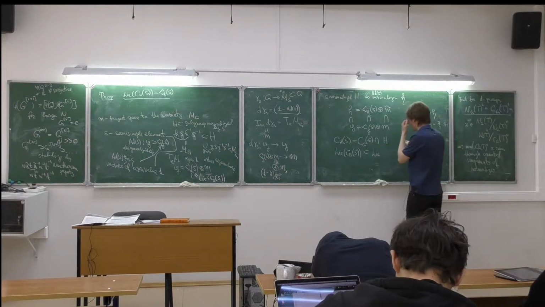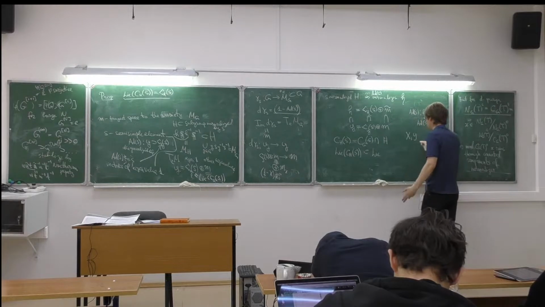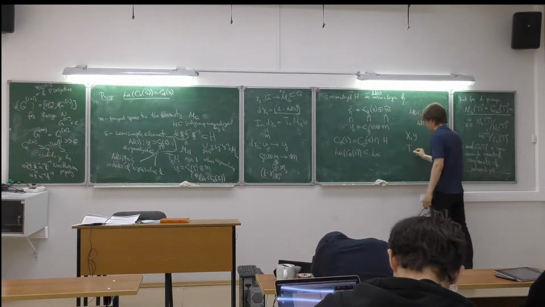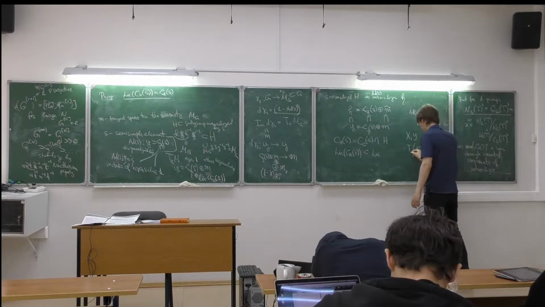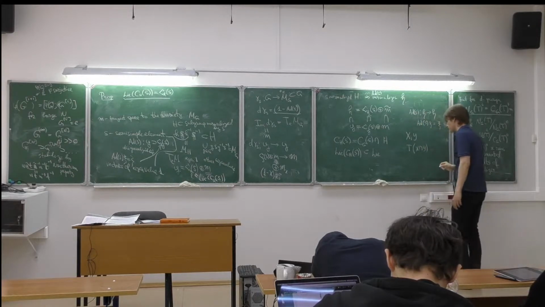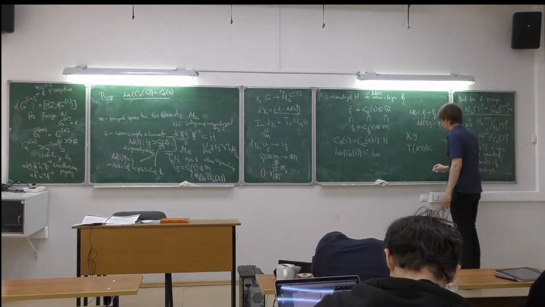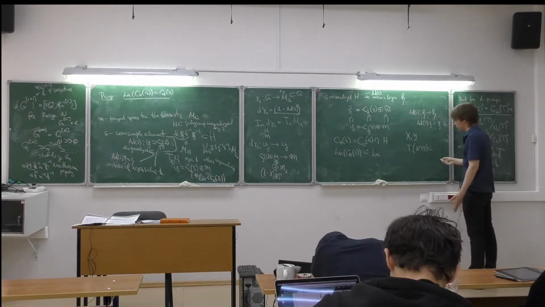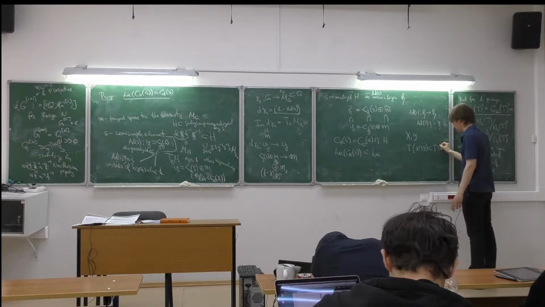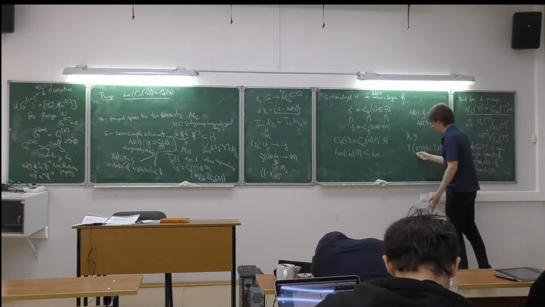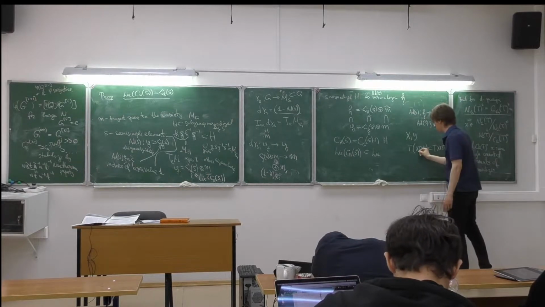If you have X and Y, the varieties, the tangent space of the intersection sits inside the intersection of the tangent spaces, at the common point.